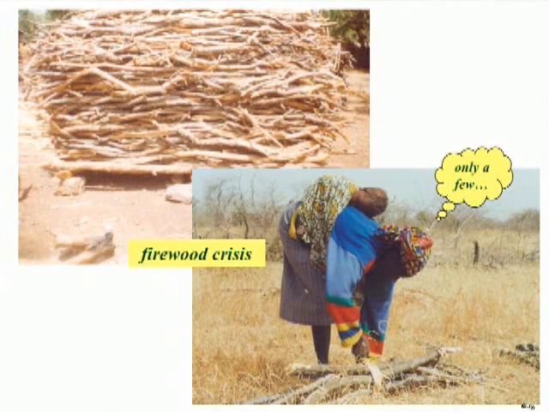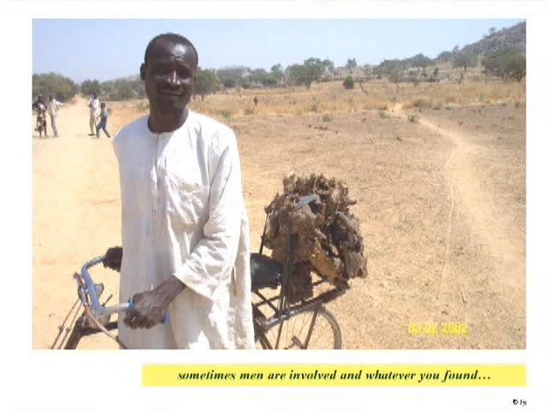In this slide, you see a woman with her baby on her back trying to harvest firewood in a degraded ecosystem. Usually women are the ones involved in firewood harvest, but when it becomes serious, men are also involved.